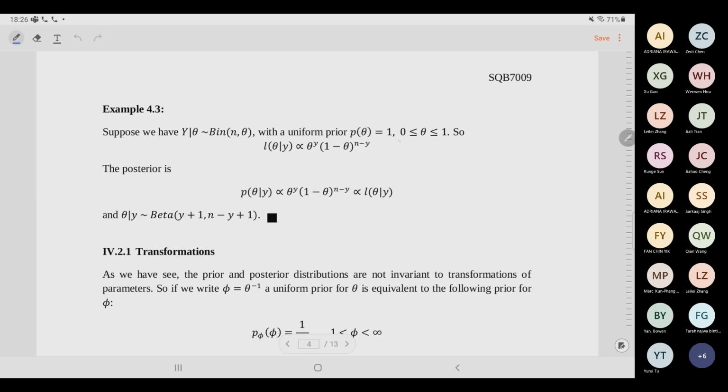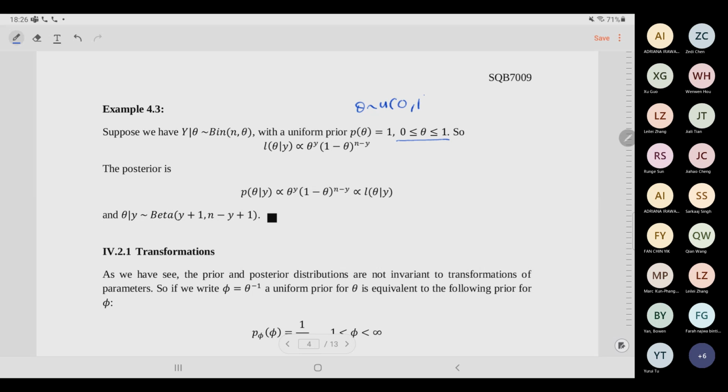This is important: theta is between 0 and 1. When you choose a prior for theta, we have to look at the support of theta. Here theta is between 0 and 1, so that's why we choose a uniform prior, which is 1. So theta is uniform(0,1).